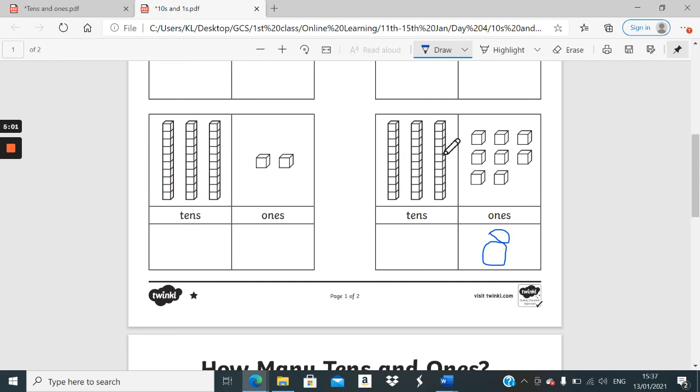And I know some of you are very good at your 10 times table. You're thinking, Mr. Duncan, that's 30, so write 30 in there. But it's not 30. It's not asking me how many units there are. It's asking me how many tens there are. And there are 1, 2, 3 tens. So I'm just going to write the number 3. Okay. And that gives us the number 38. Have a go at that.